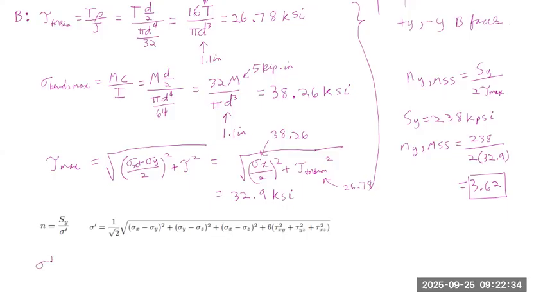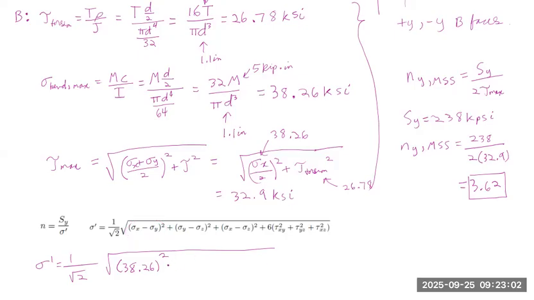Sigma prime will be equal to 1 over root 2 times the square root of sigma x, which is sigma bending maximum, 38.26. And then there's no sigma y, so minus 0. So it's just 38.26 for the first term here.